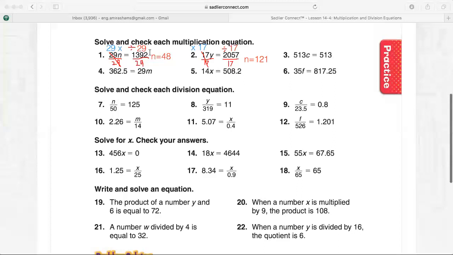Lamar, please. First, we will write up the multiply sign. Yes. 513. What is the inverse of this operation? Yes, divide.